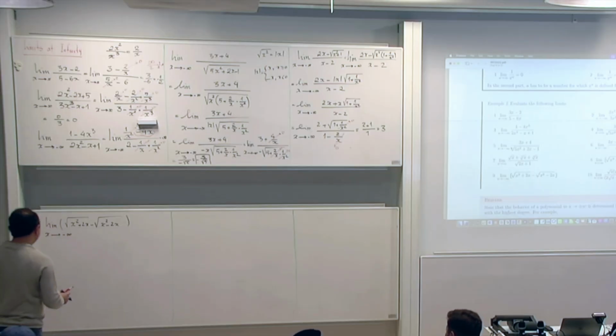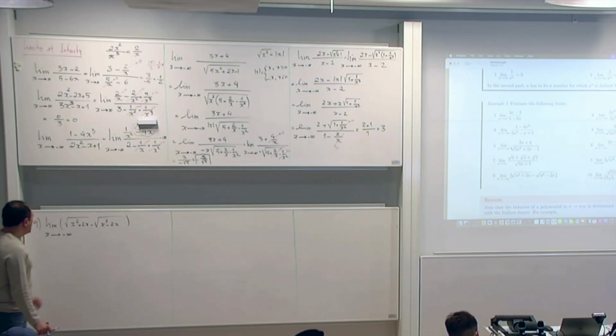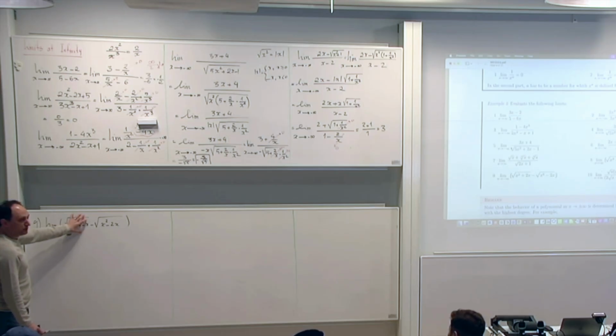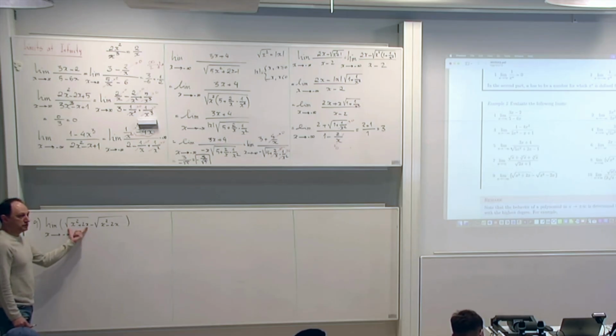First of all, let us understand the limit. If x goes to minus infinity, based on your intuition and what you have learned so far, what can I say about the first term? If x is a very huge negative number, is it a huge negative number, a huge positive number, or just a normal finite number?